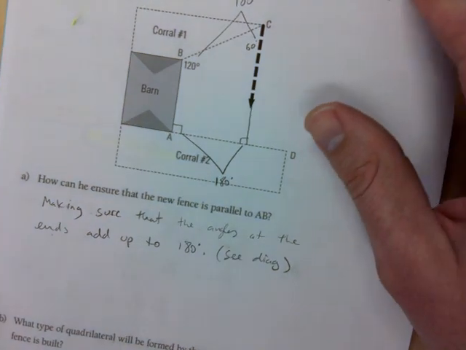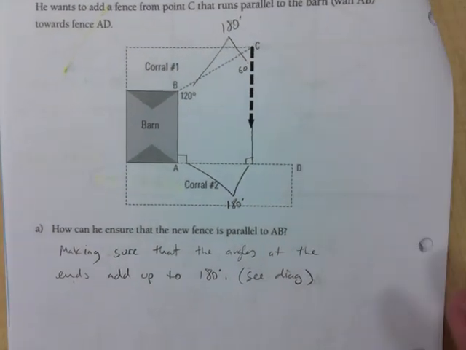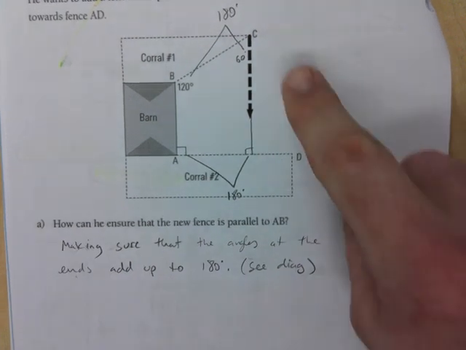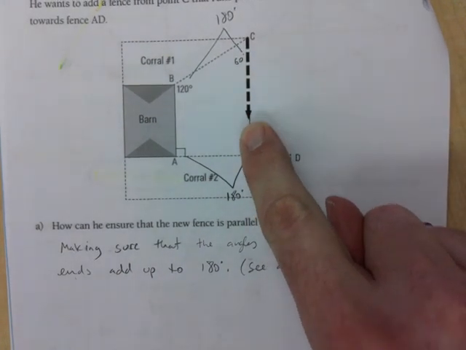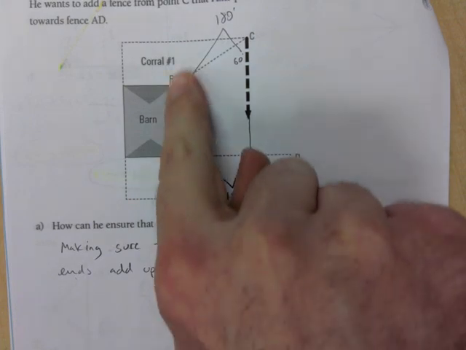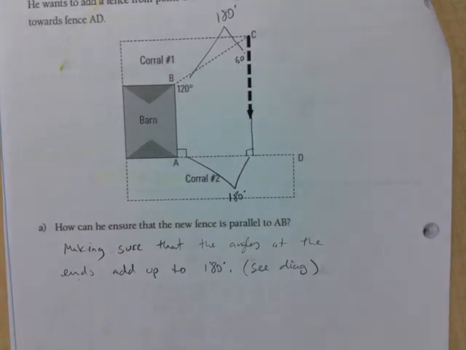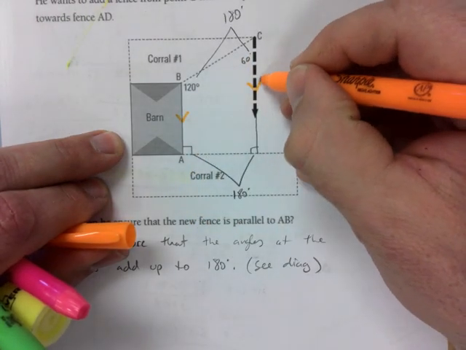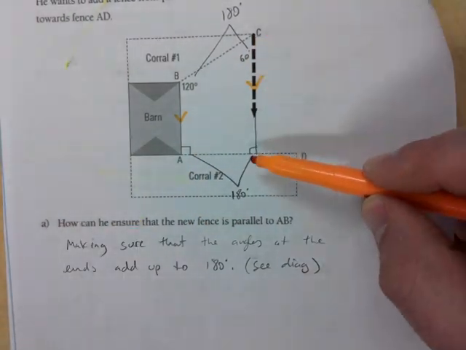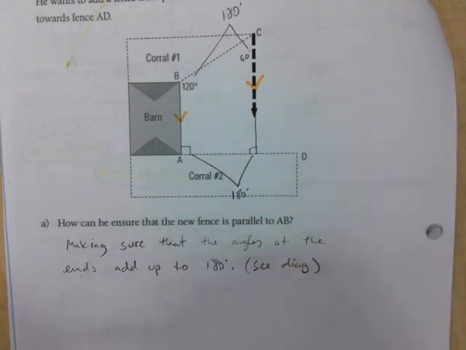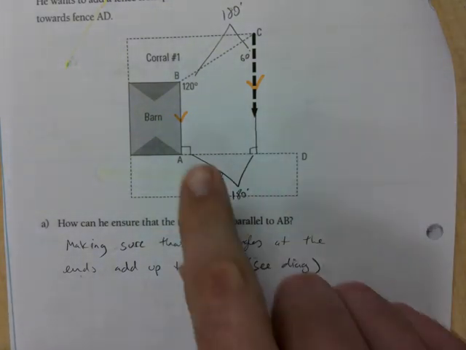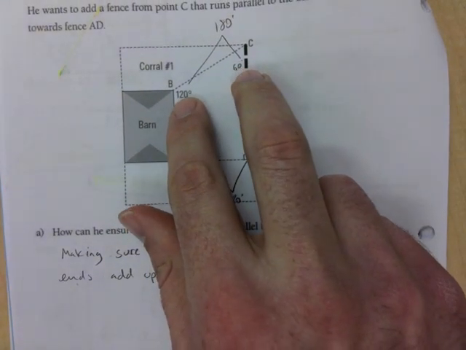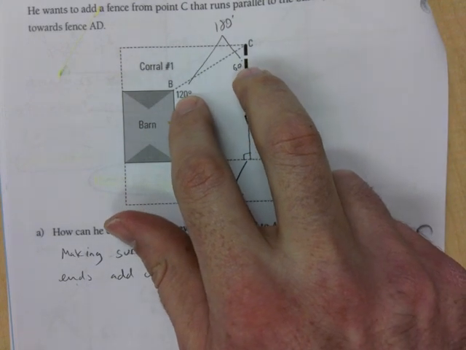A little bit of understanding here. So how can you make sure that the fence that is about to be built is parallel to the barn, right? So basically, you want this to be parallel to this, okay? And I don't know if you see the right trapezoid there, but one way to make sure that is happening is for these two angles on the sides here to add up to 180.